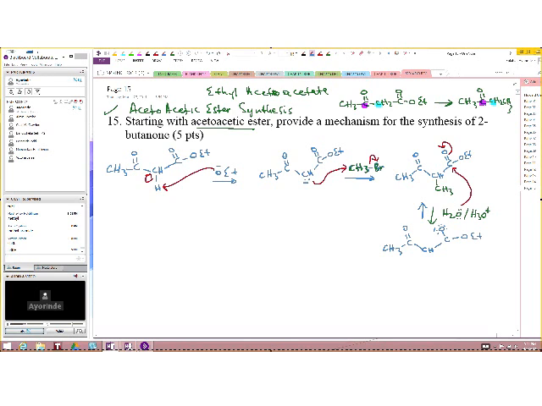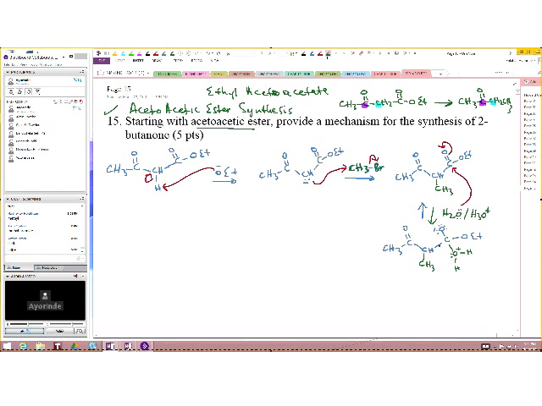And now we have this water attached here. So what do we do at this point? We form this tetrahedral intermediate.